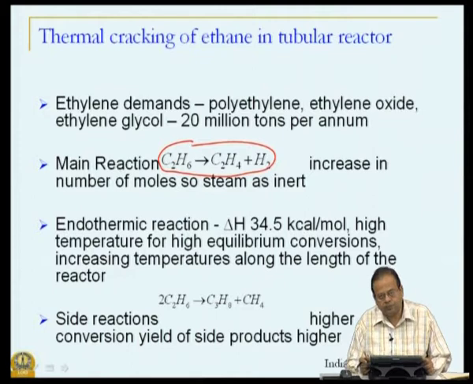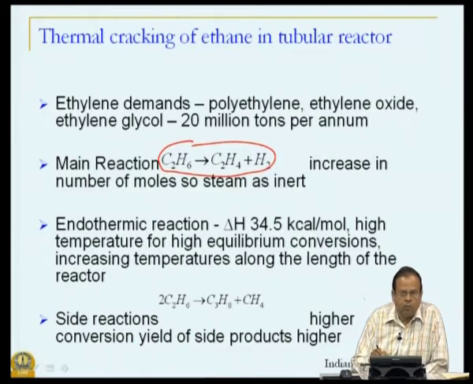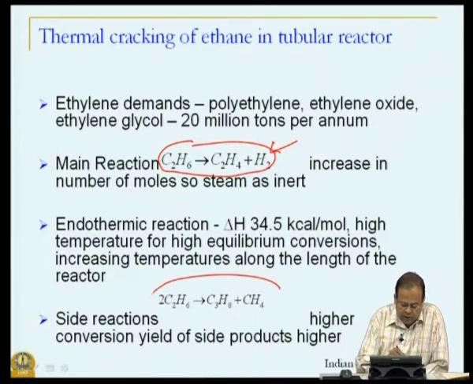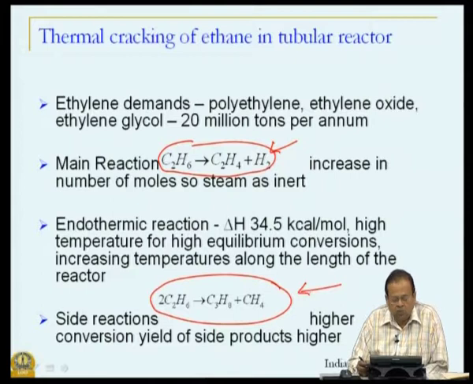Another aspect of this reaction is that cracking is not the only reaction that takes place. In fact, there are several possible side reactions, and the side reaction shown over here is 2 ethane molecules combining to give a butane molecule and a methane molecule.